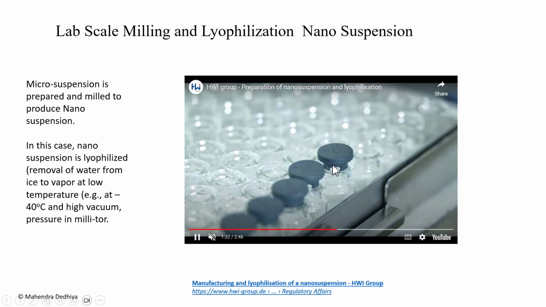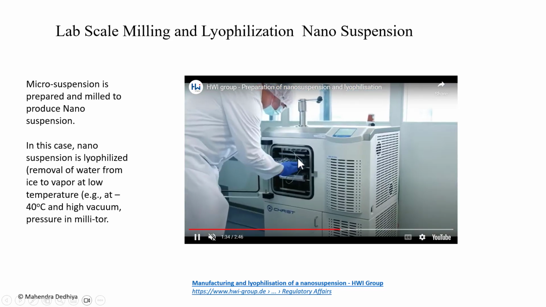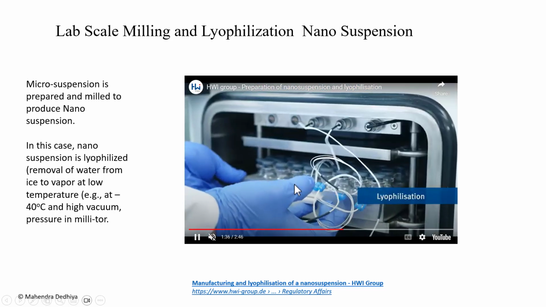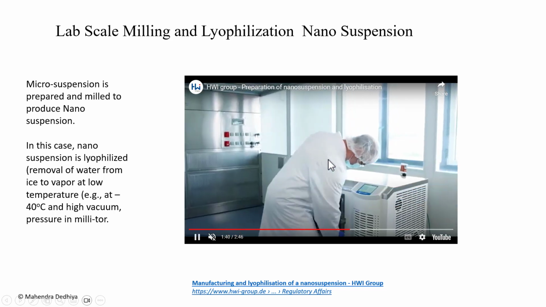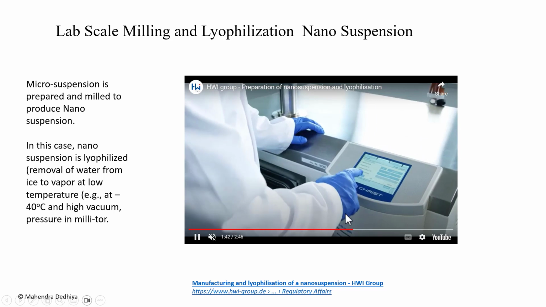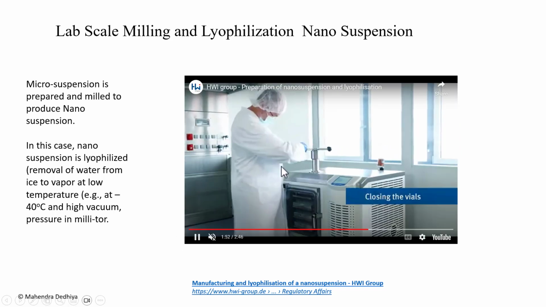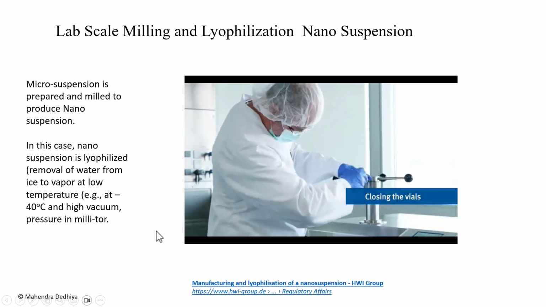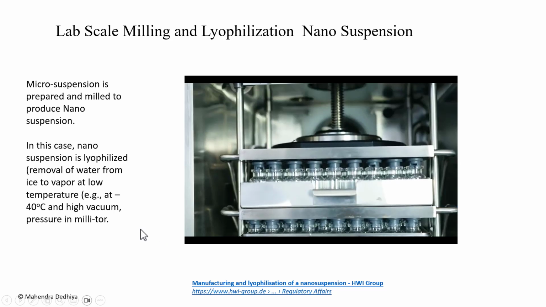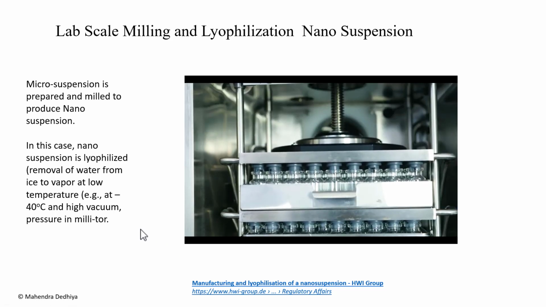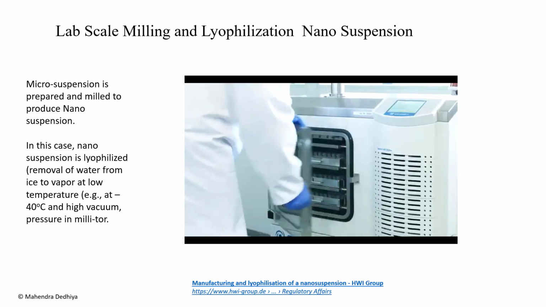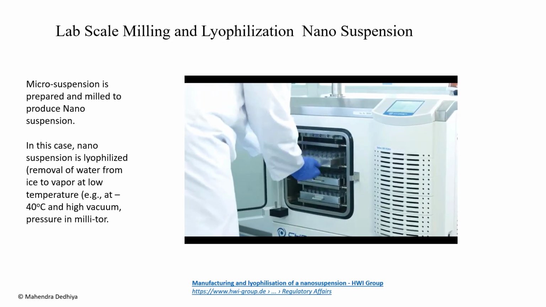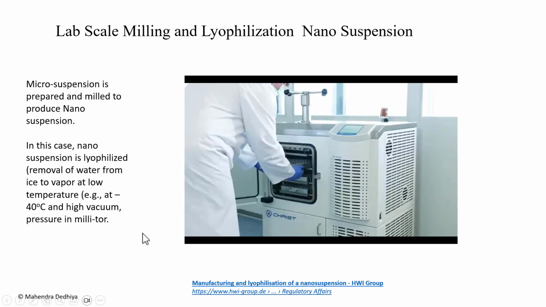Specialized rubber stopper is attached to it and is loaded into a lyophilizer. And once the operation is complete, valves are closed and dry powder nano suspension is produced, which can be reconstituted to produce a nano suspension.